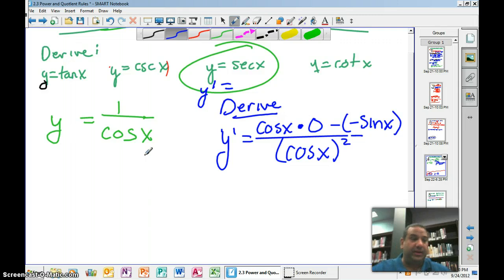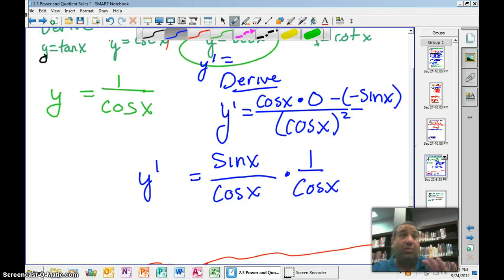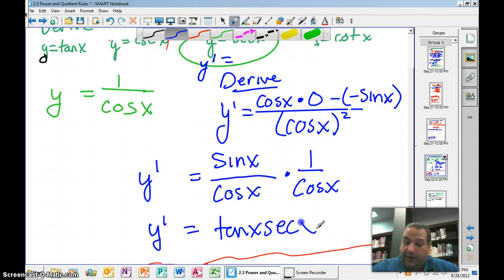So I'm going to get, if I'm right, sine x over cosine x times 1 over cosine x. All I did was break them up to show you now what we have is going to be the derivative of tangent x times secant x.